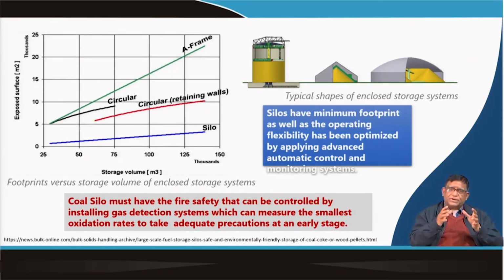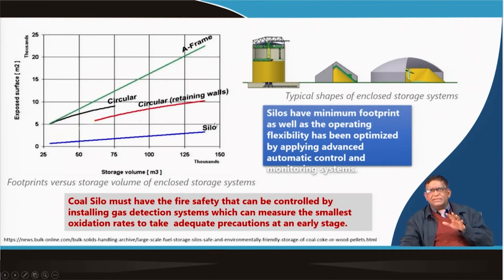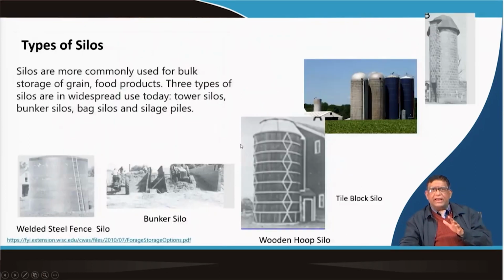If your operations last only 3 or 4 years, you can transfer the silo to another location, and such modular silos are also coming up. So, this is an advanced way of storing coal, or for temporary storage for handling in between the processes.